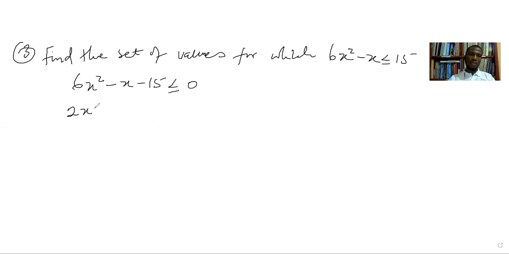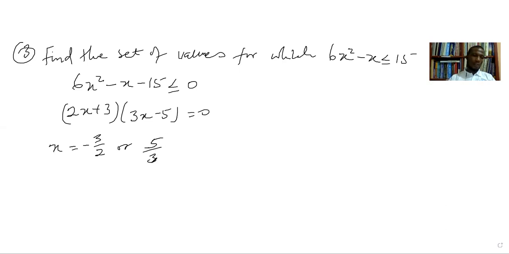Now, good. So if you take your time and you factorize, you are going to get two factors, which are 2x plus 3 and 3x minus 5, which should be equal to 0 because we are finding the values of x. So when we equate each of them to 0, our x is going to be either -3/2 or +5/3.